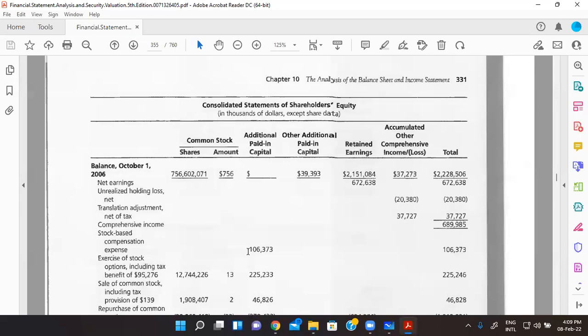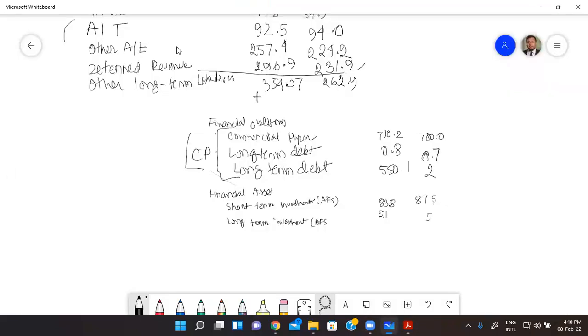How much stock-based compensation? 106.373 for 2007. So how much is it in total?